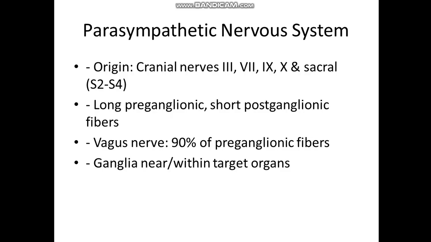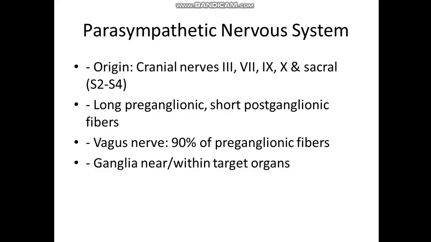Next we have the parasympathetic nervous system that originates from the cranial nerves, which include cranial nerves 3, 7, 9 and 10, and the sacral region. The sacral region is the lower back, just below the lumbar region.